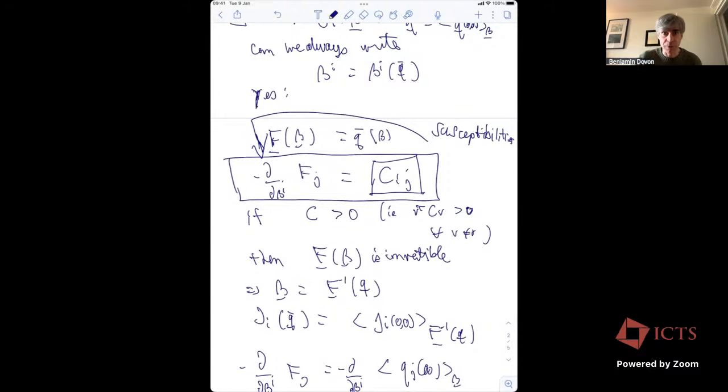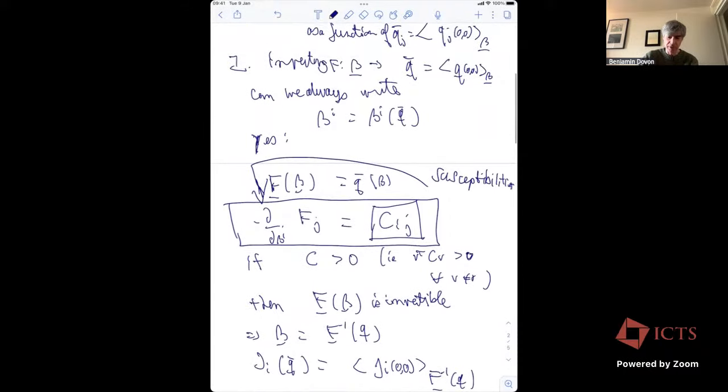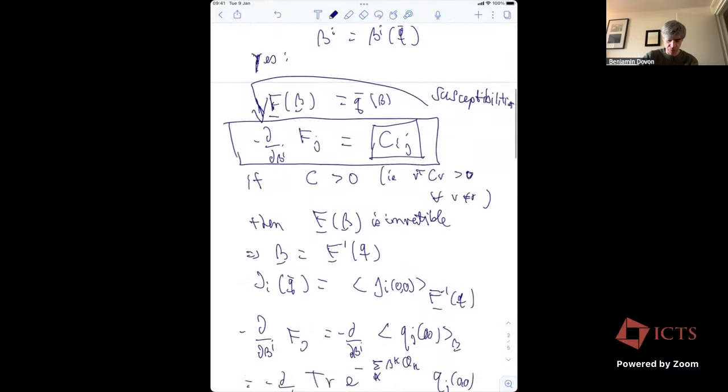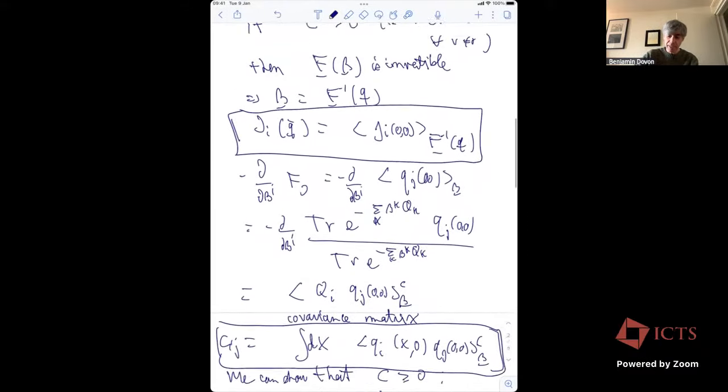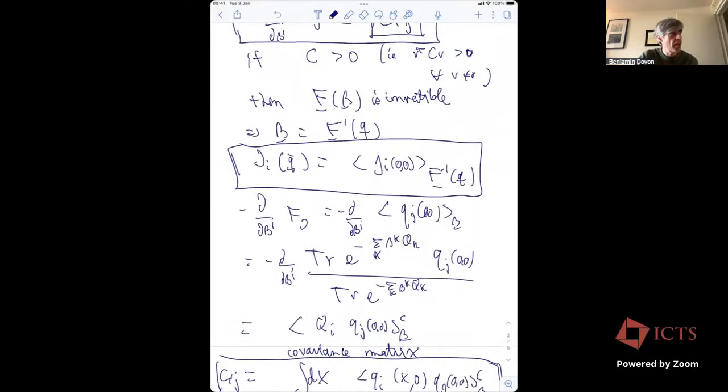And it is strictly positive because we have extensive conserved quantities. As a consequence, we can invert, and then we have the betas as function of the q's. And then, as a consequence, we have, in principle, our currents as function of the q's. And these currents as function of the q's are called equations of state.